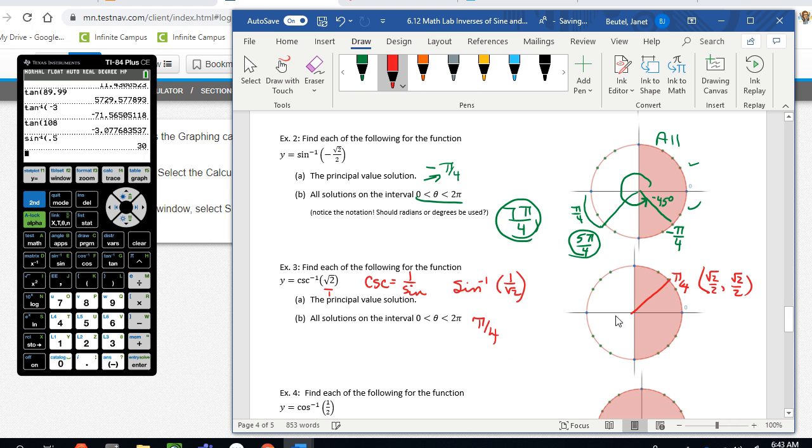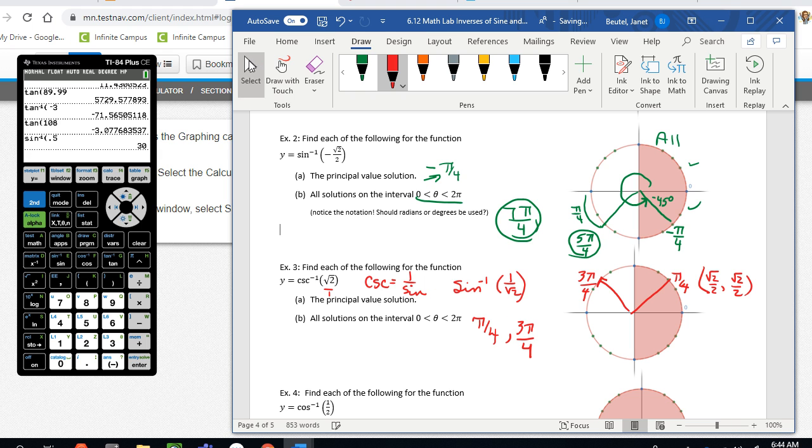And the other place it's positive is in the second quadrant. So if this is pi over 4, this is 3 pi over 4.